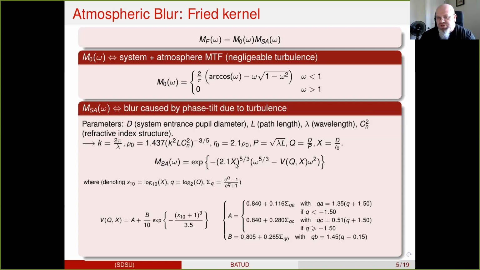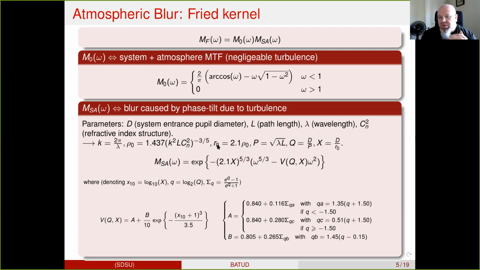It's just the exponential of this coefficient times omega square. For those of you familiar with the Kolmogorov theory, you might say, oh, that looks familiar: the 5/3, the 7/3, those are the exponents that appear in the Kolmogorov turbulence theory. That's why we have those very specific powers here.